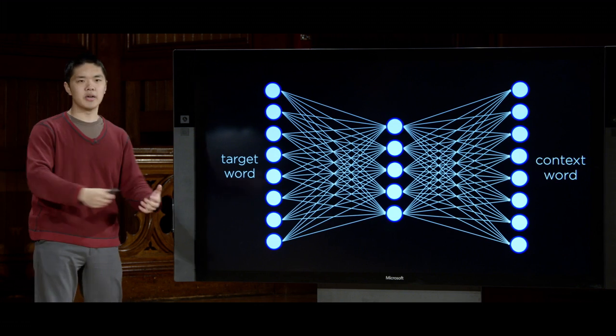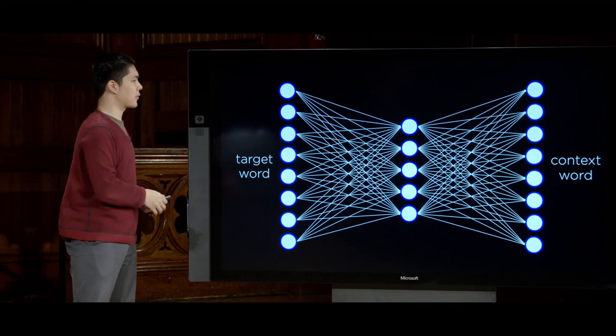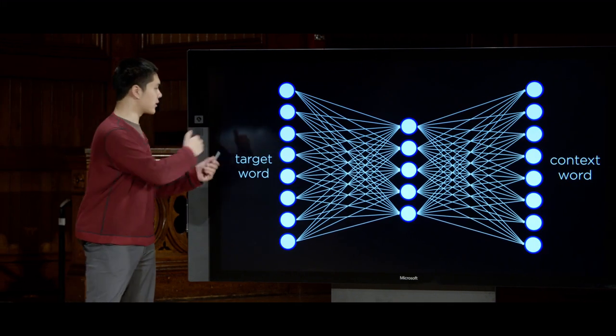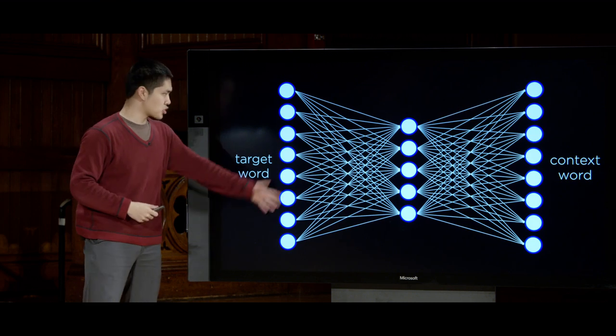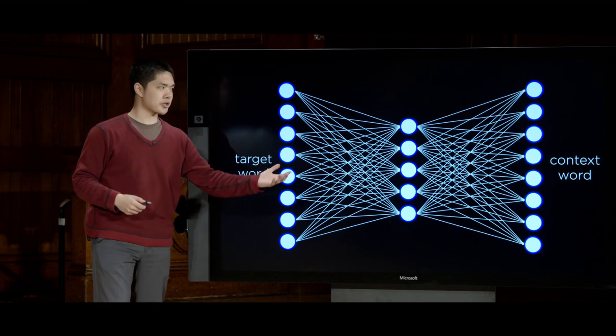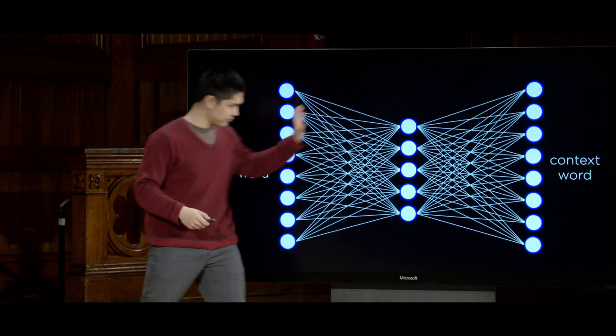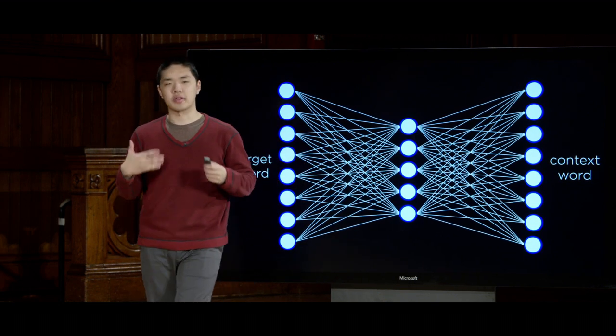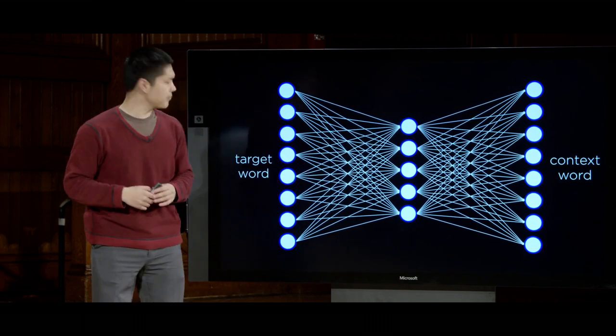And if you just give this neural network a whole bunch of data of words and what words show up in context, you can train a neural network to do this calculation, to be able to predict, given a target word, what those context words ultimately should be?